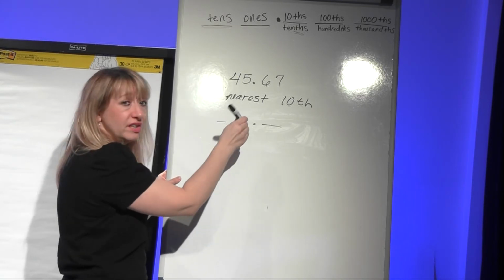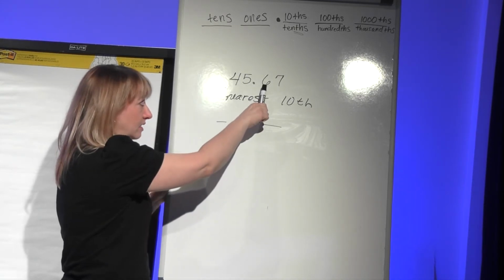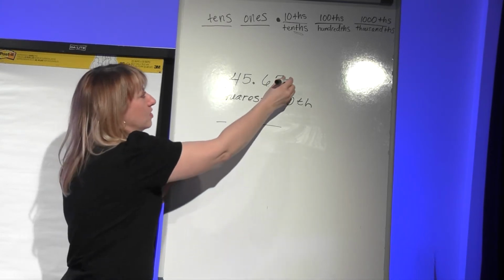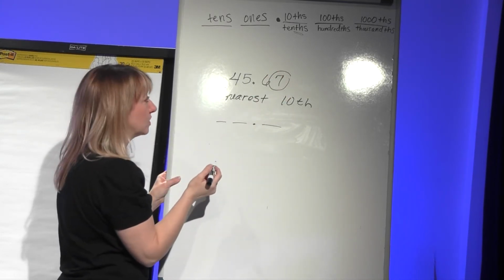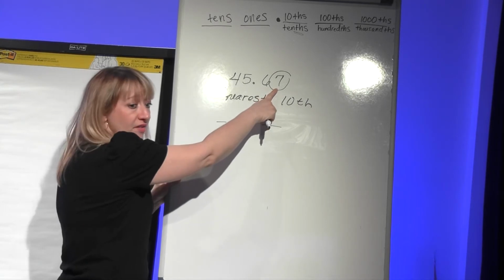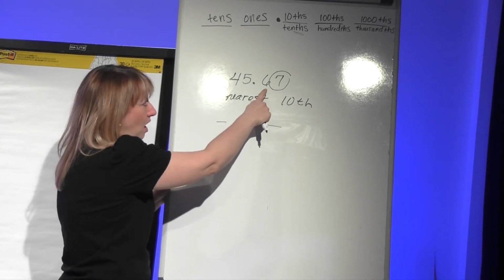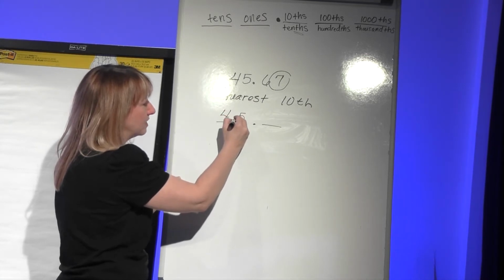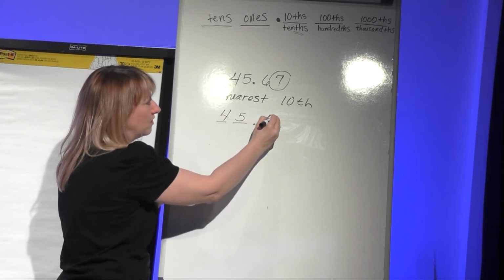But in order to figure out if this stays the same or is increased, you have to look at the number in the hundredths. Again, if this number is 5 or greater, this number will go up. So to the nearest tenth, 45.67 becomes 45.7.